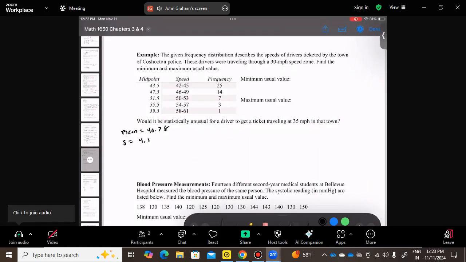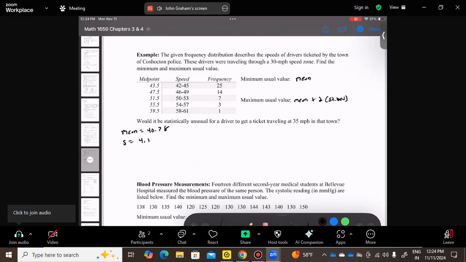We're going to look at what's called the minimum usual value and the maximum usual value. It's kind of what we did with the empirical rule of 95%. For the minimum usual value, you take the mean minus 2 times the standard deviation, and for the maximum, the mean plus 2 times the standard deviation.